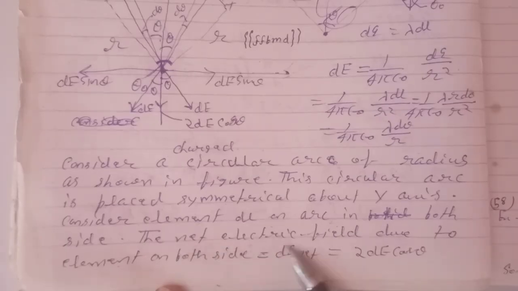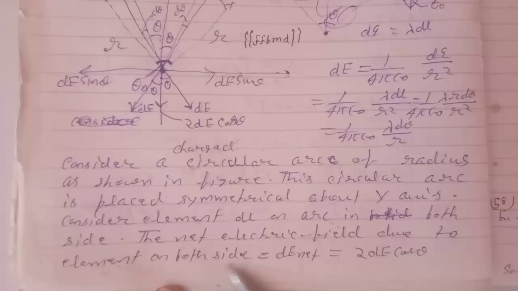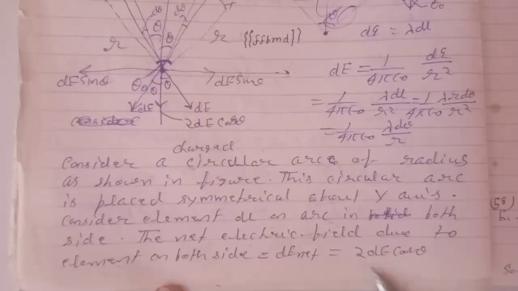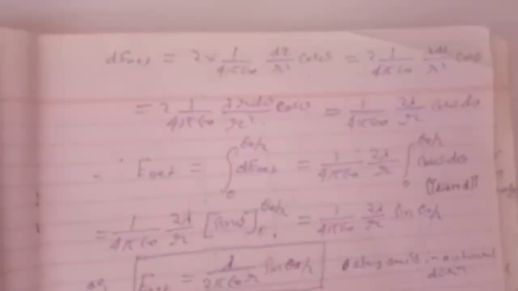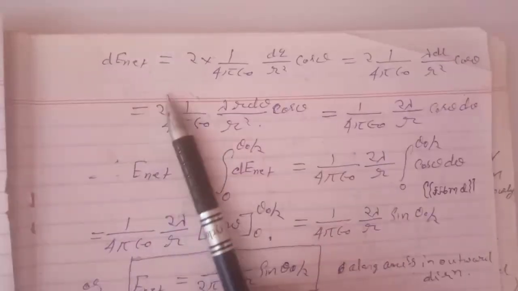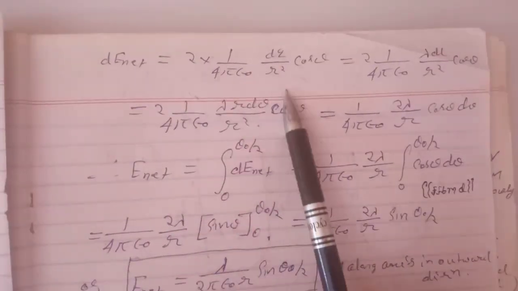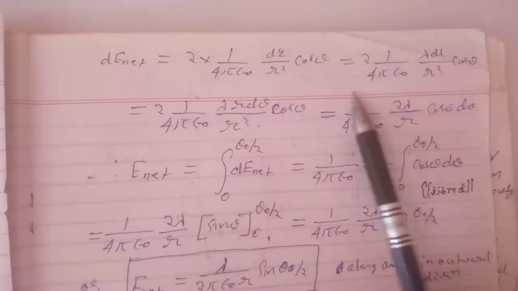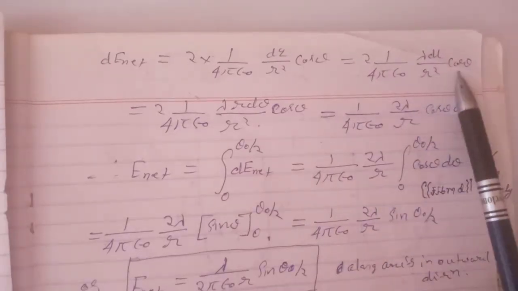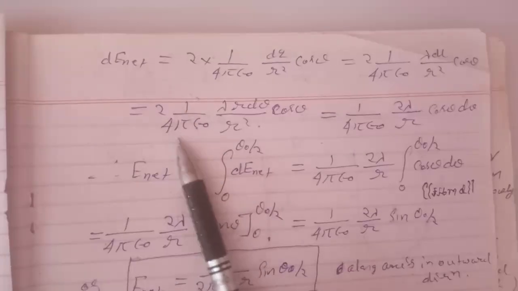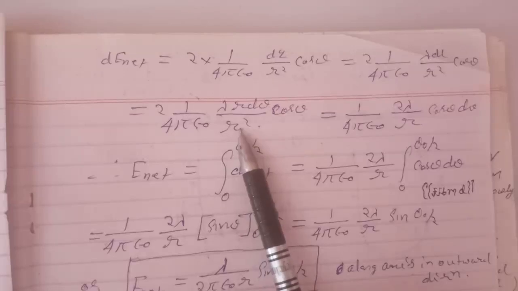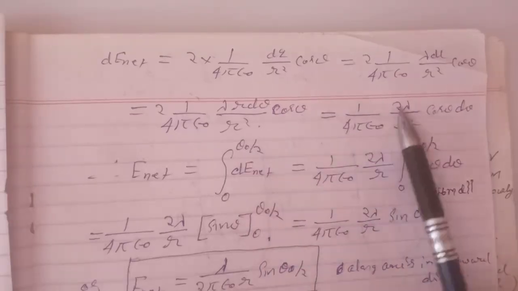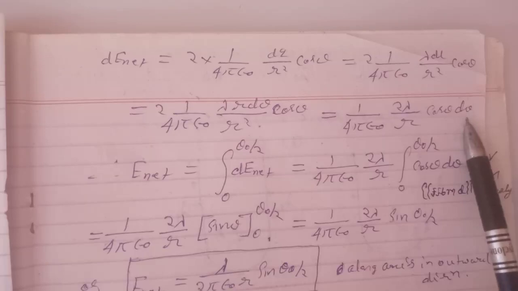The net electric field due to the elements on both sides is dE net equals 2 dE cos theta, which is 2 into 1 by 4 pi epsilon naught dq by r square cos theta, or 2 into 1 by 4 pi epsilon naught lambda dl by r square into cos theta. With dl equal to r d theta, this is 1 by 4 pi epsilon naught 2 lambda by r into cos theta d theta.